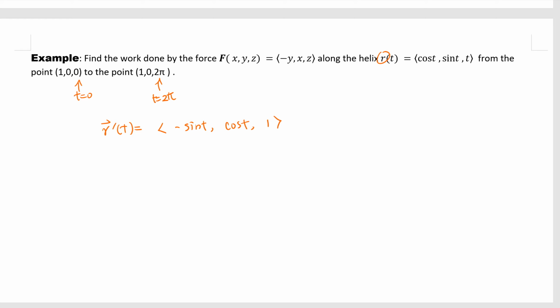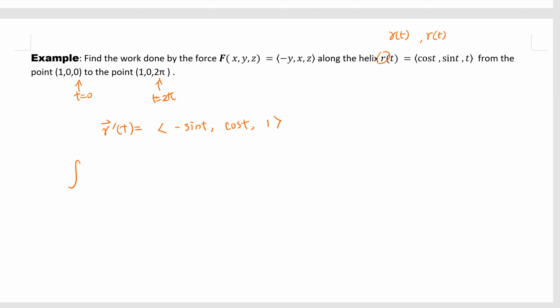By the way, sometimes I put gamma, sometimes I put r, different notations. Anyway, we use both of them to represent the displacement function, the parameterization. All right, so that is the derivative, the velocity, right?